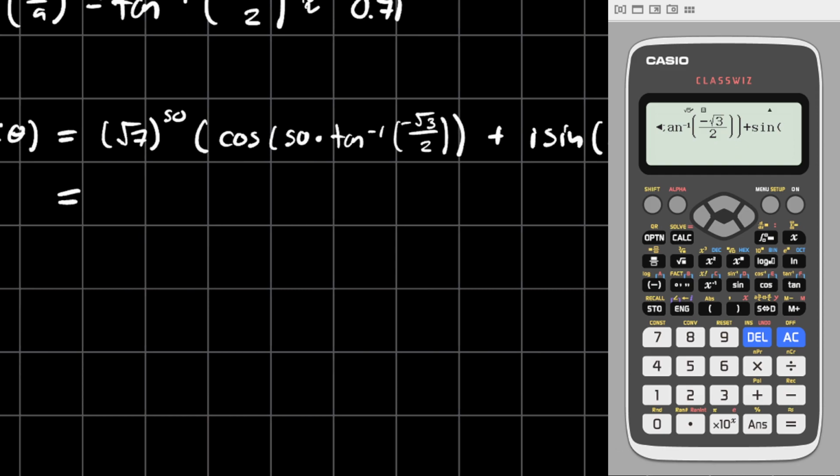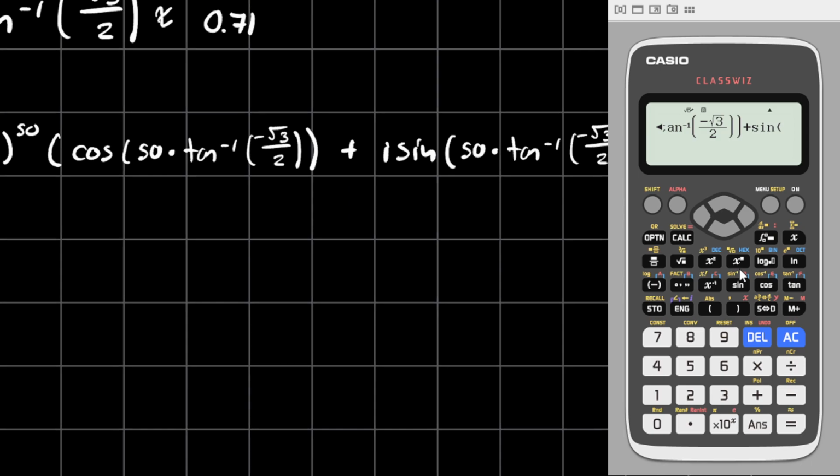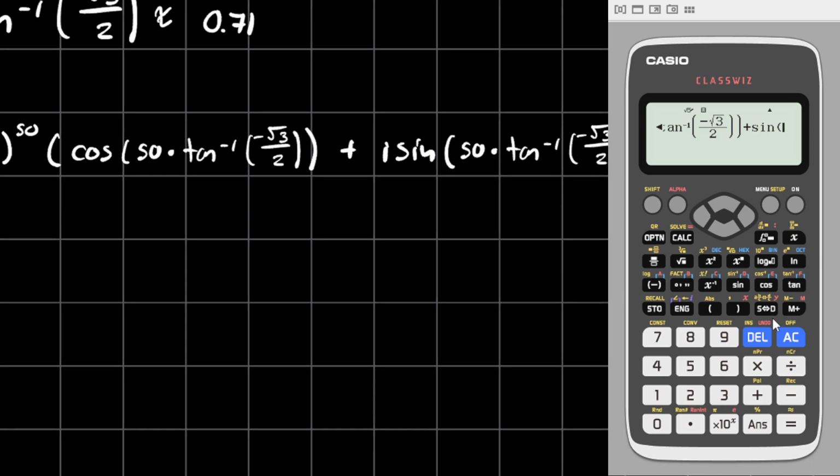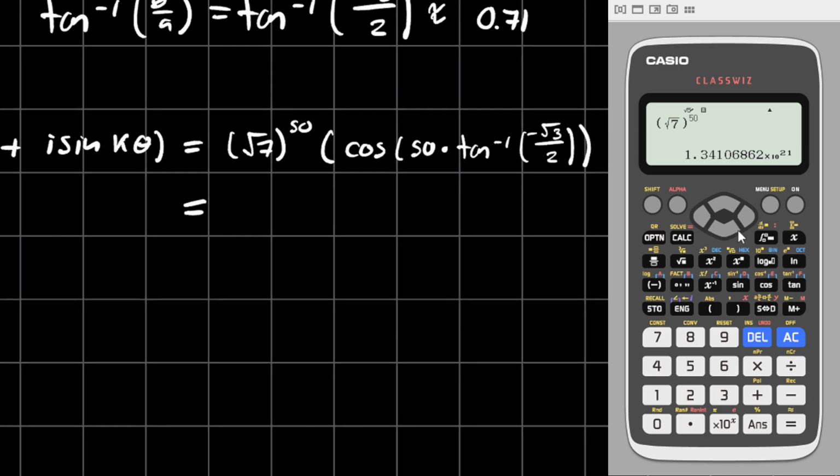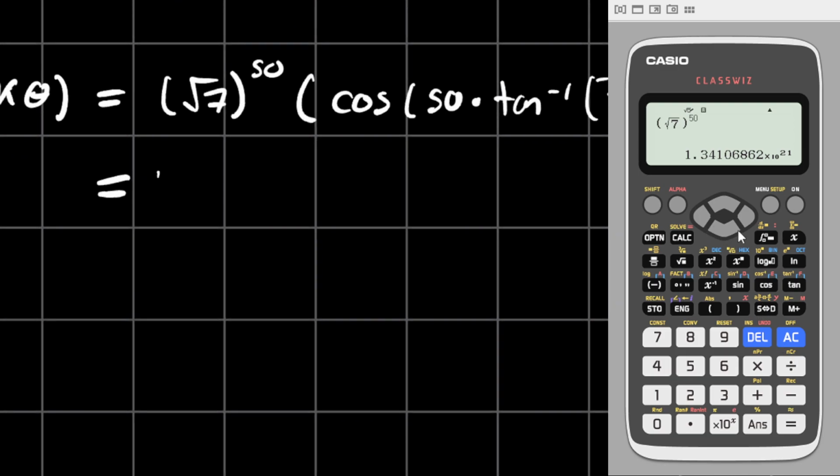So we continue on. We'll just calculate the square root of 7 to the 50th first, which is a pretty big number. So we're gonna write it down. It's approximately 1.34 times 10 to the 21, right?